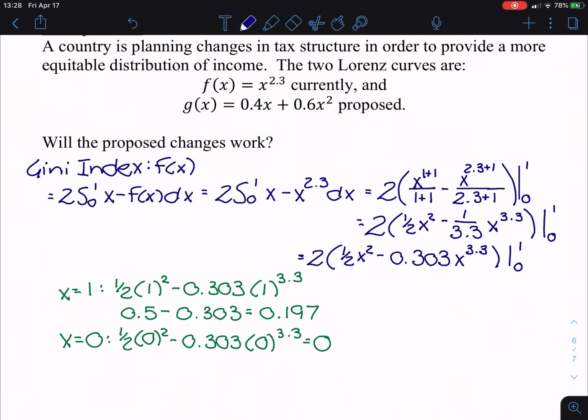So for the Gini index for f of x, I have 2 times 0.197 minus 0, which gives me a Gini index of 0.394. Now I need to calculate the Gini index for g of x, the proposed structure, and see if that produces a smaller number.